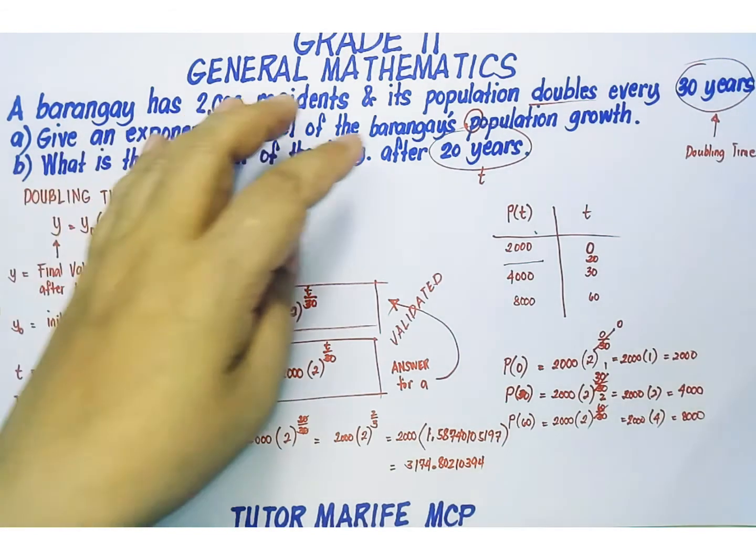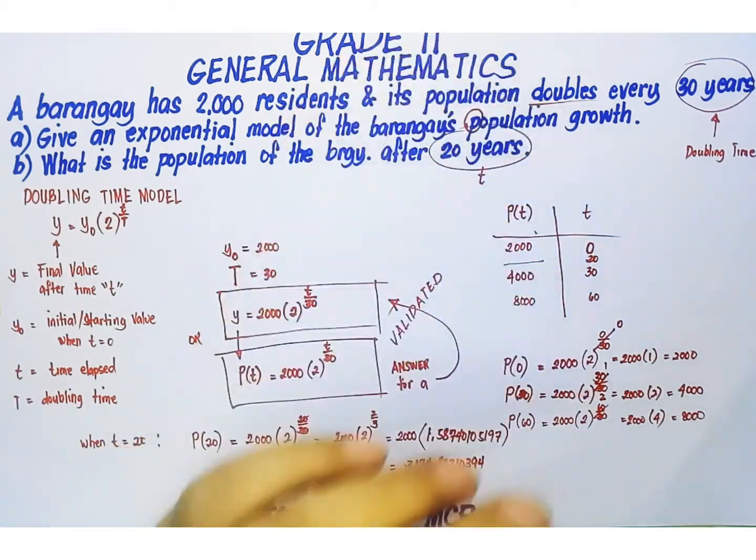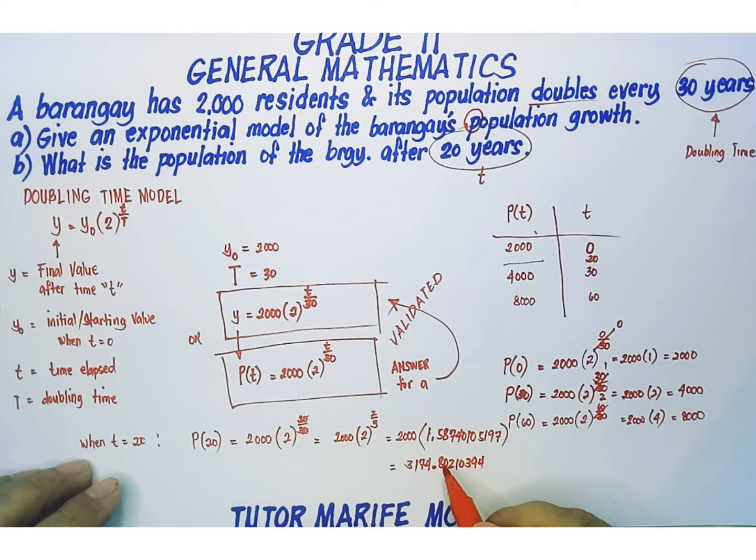And since we're talking about human population, of course, you round off your answer to the nearest whole. So this is approximately 3,175. You look at the digit to the right of 4. If it's 5, 6, 7, 8, 9, you round up your units digit.